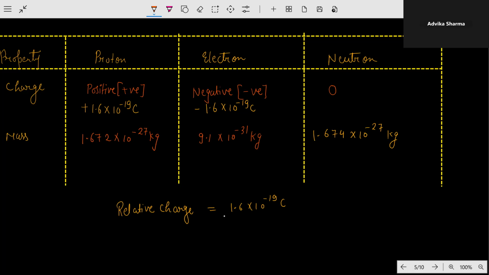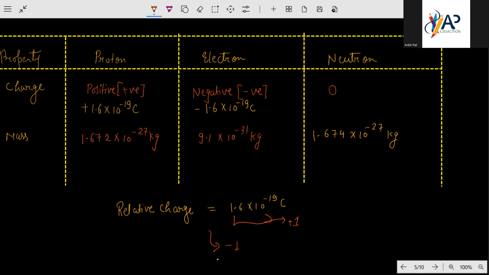So we know that this is a fundamental value. Now we can say, if it is the fundamental value, then plus 1 indicates proton value, minus 1 indicates electron value, and 0 for neutral, right?